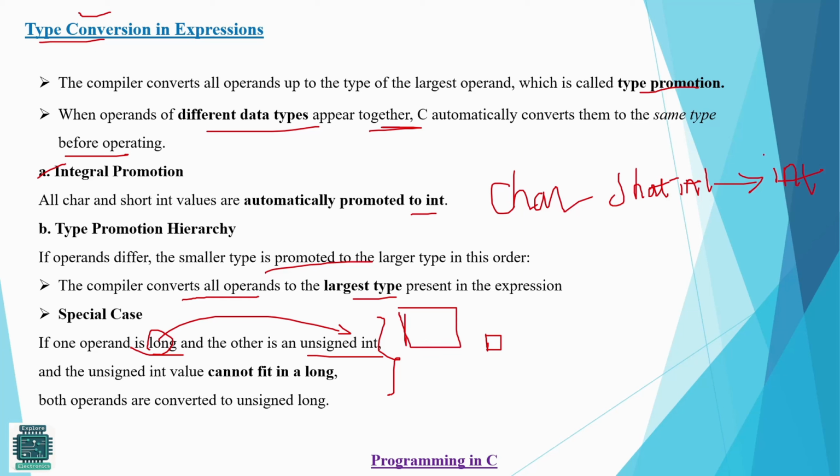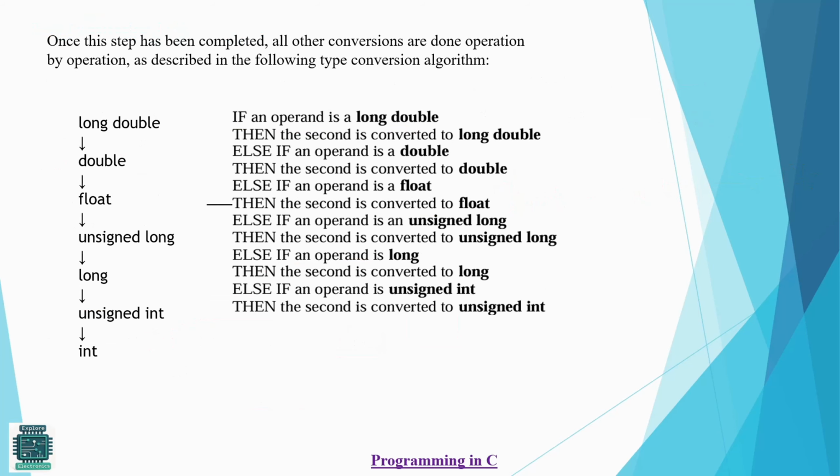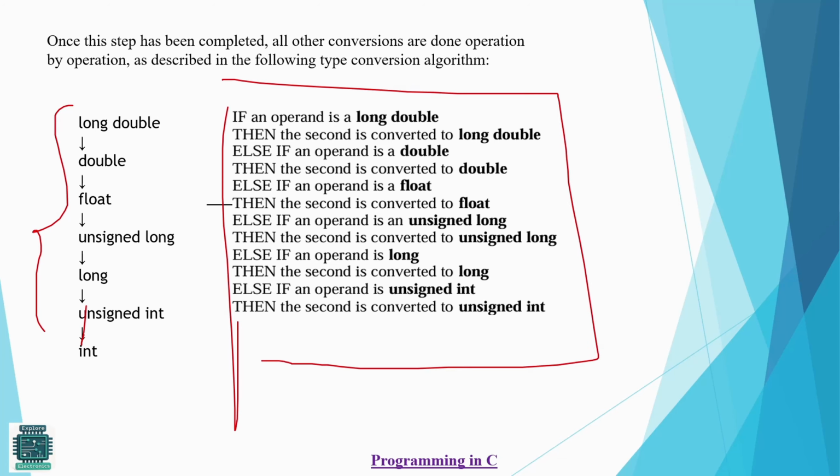So both operands are converted into unsigned long. This is a special case. Now this is the order in which we are going to convert. The same thing is mentioned in words format. That's it.